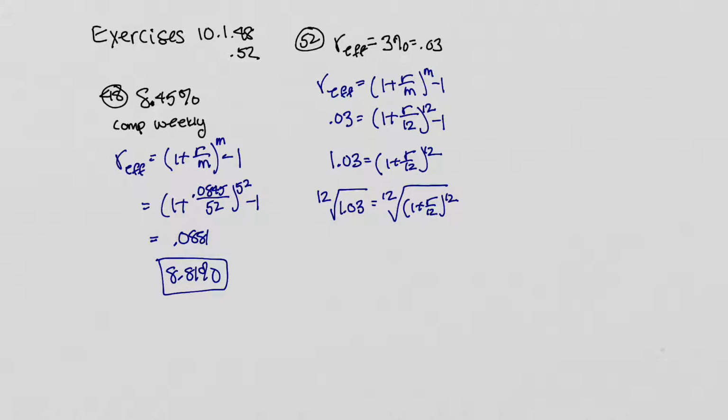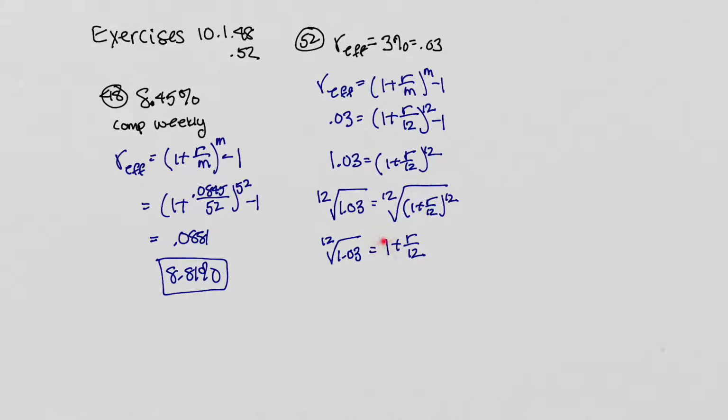But on the right-hand side, we've got the 12th root of this to the 12th, and since all numbers are positive, we can write this as 1 plus R over 12. So over here we'll have the 12th root of 1.03, and that's equal to 1 plus R over 12.